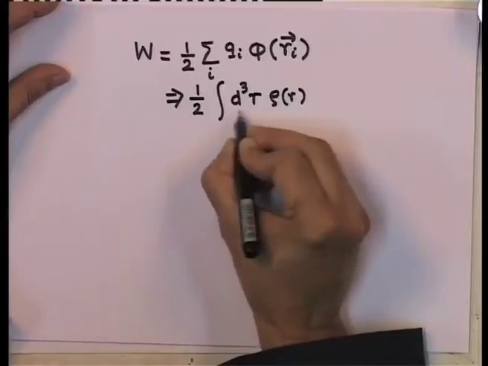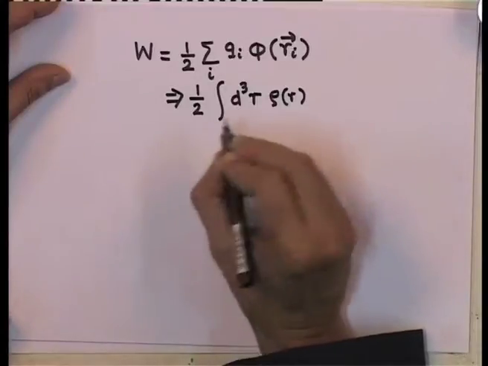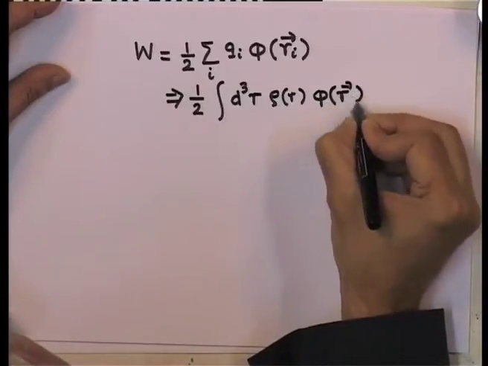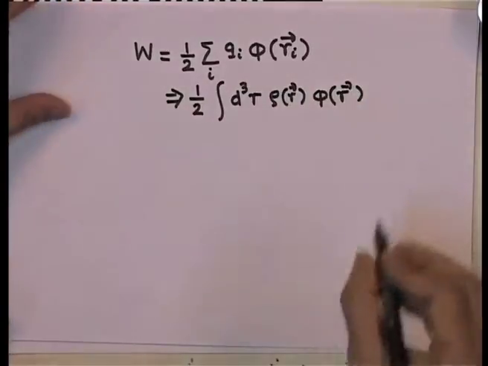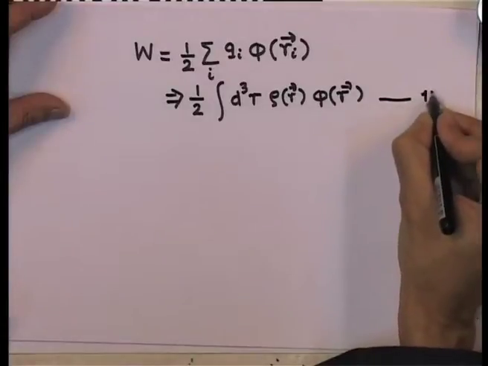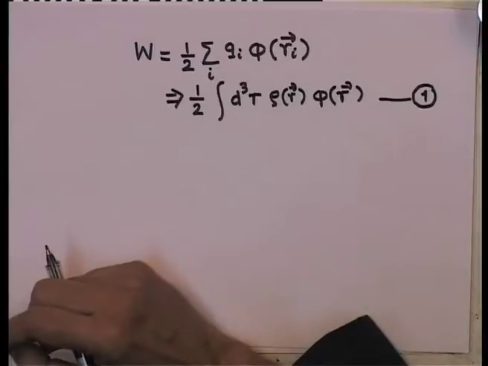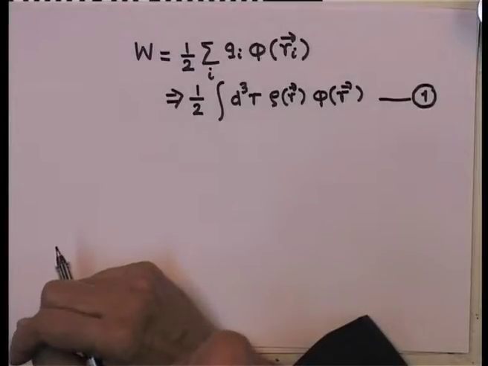So, this is the charge that is contained in that volume element, and of course, the potential at the position r. So, this expression is one of the standard expressions for calculation of the electrostatic energy of a continuous system.